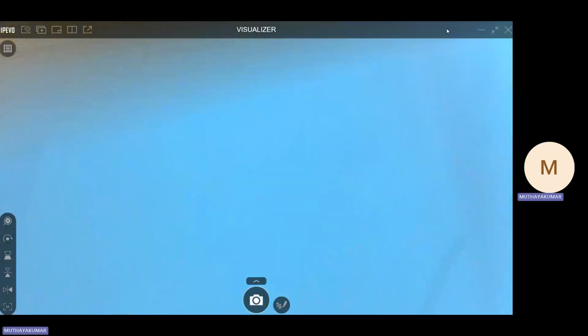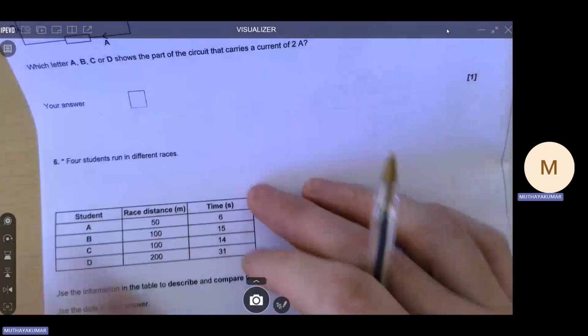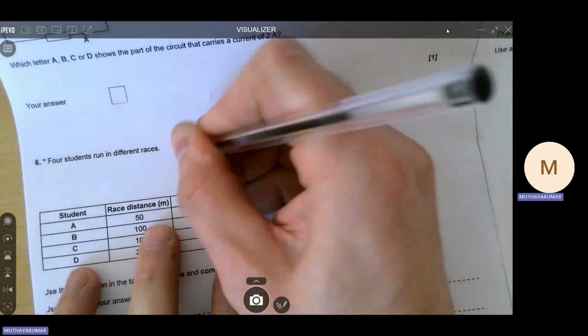All right, we're going to skip the next 2 questions because I want to make sure we get the 6 markers done. Now, the 6 marker is very, very easy if you follow this method. We're going to follow the ABC of 6 markers, and it makes it really, really easy.